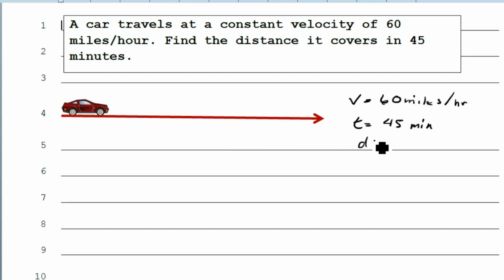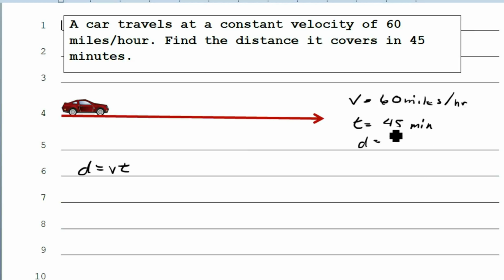And we don't know what d is. We start with our basic equation, d equals vt. Don't have to manipulate this at all. We got v, 60 miles per hour, and t, 45 minutes.